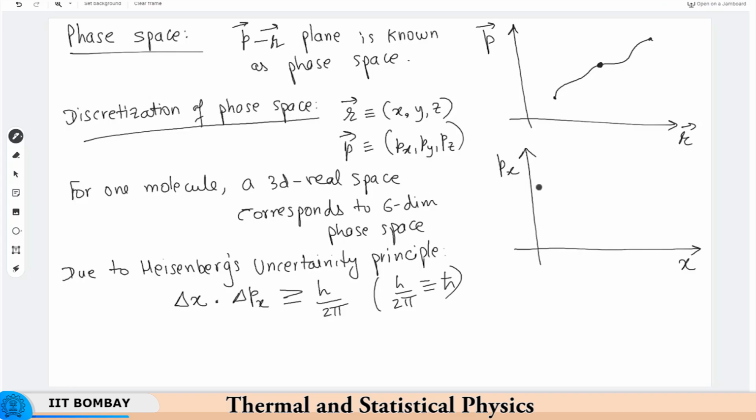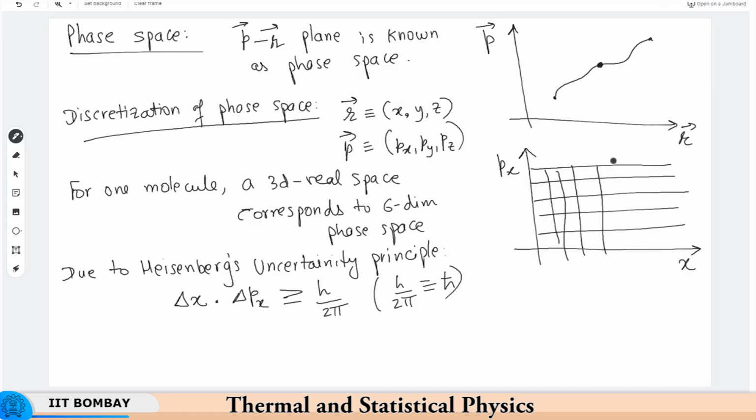So, based upon this fact, we can now discretize our phase space. We can draw these lines, and we can discretize this phase space into these squares such that the area of this particular square, which corresponds to delta x here and delta px here, becomes h.